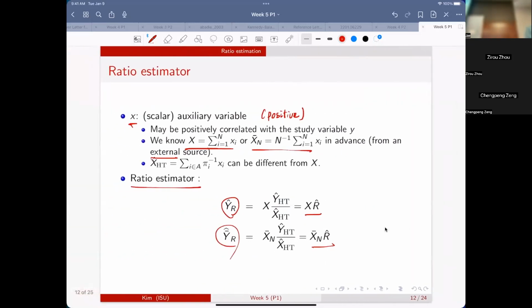You can see that the denominator is an unbiased estimator of x, approximately. If the sample size is large, then this will converge to x, so this value will be close to one. But in a small sample, maybe it's not really equal to one. So anyway, this basically has some adjustment.